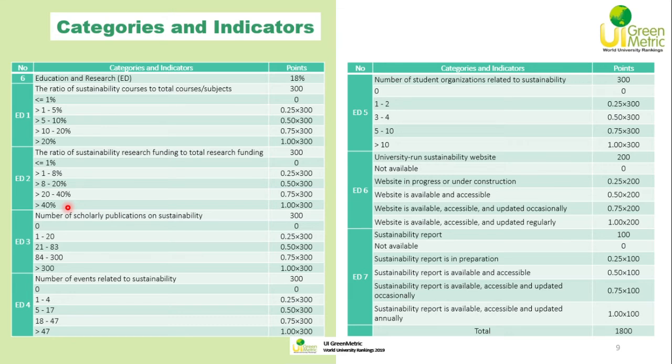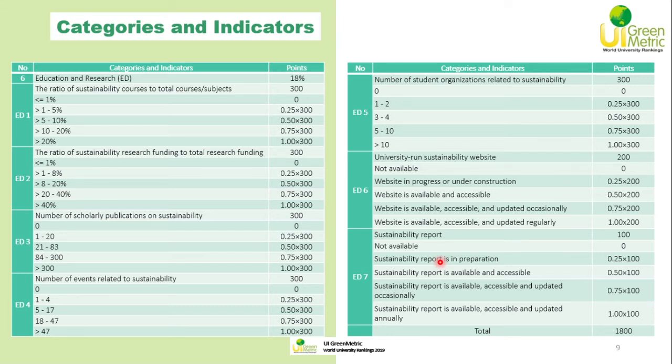For report, it is seen in terms of two forms, document and website. The requirement for both is the same. That is, they are available, accessible, and updated. So those two criteria are criteria 6, website run by university, and criterion 7, sustainability report.